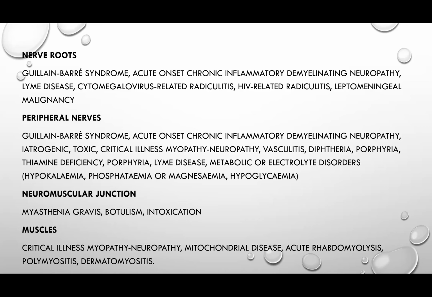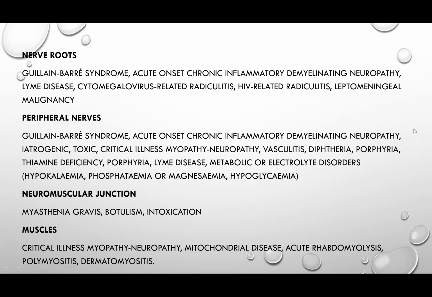Neuromuscular junction involvement: myasthenia gravis, botulism, intoxication. Diseases targeting the muscles: critical illness myopathy, mitochondrial disease, acute rhabdomyolysis, polymyositis, dermatomyositis.